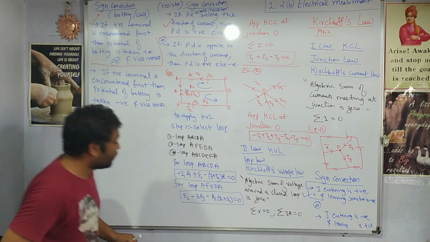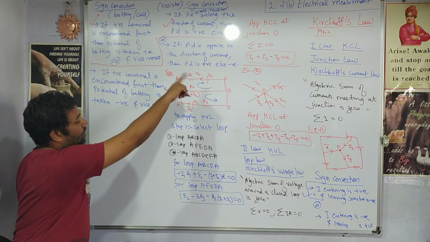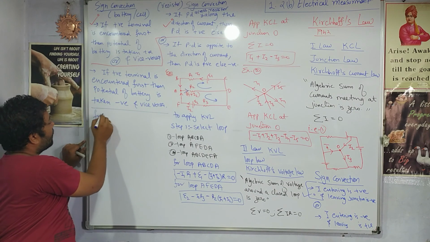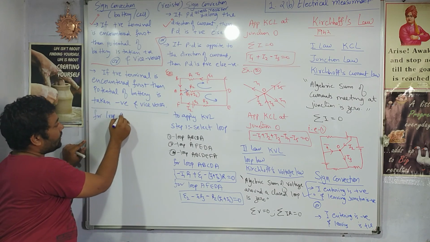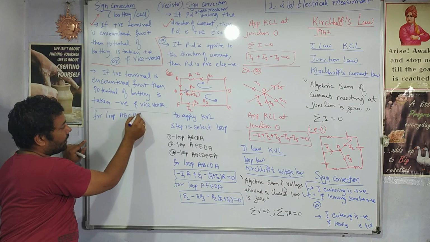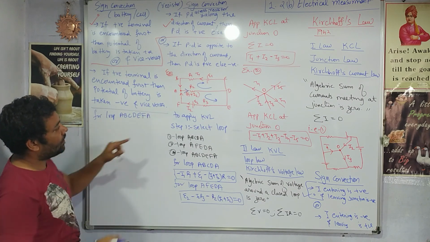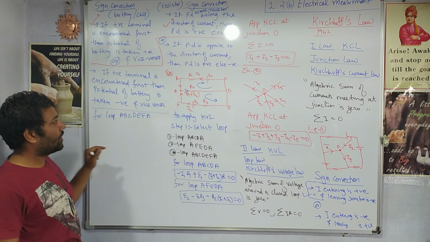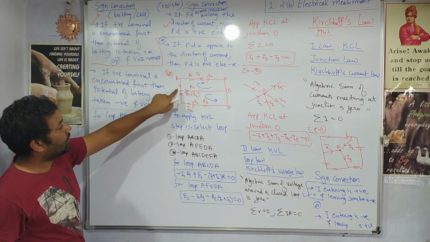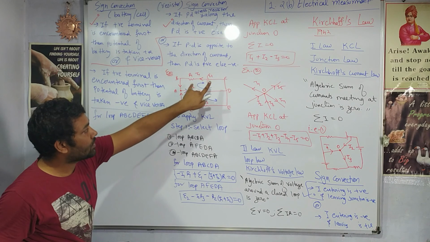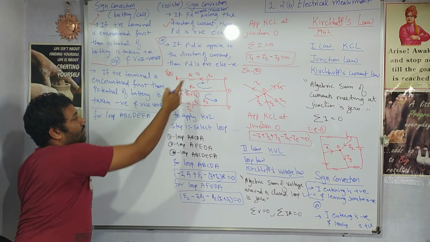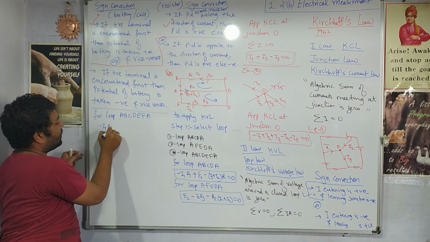Next, the loop, this complete big loop, right? So I'll write down for loop A, B, C, D, E, F, A. So A to B, no potential drop. B to C, it will be negative because the direction is reverse, so minus I1 R1.